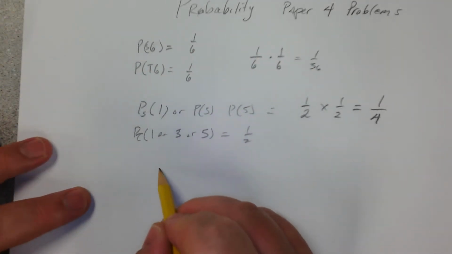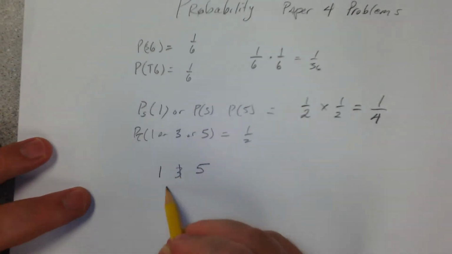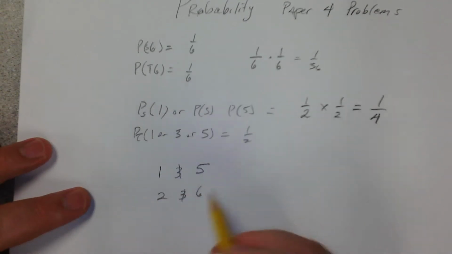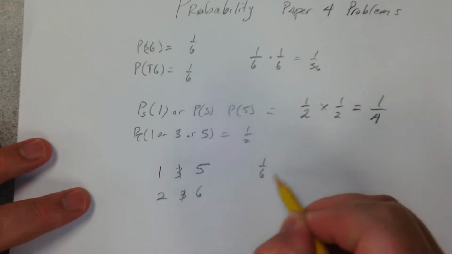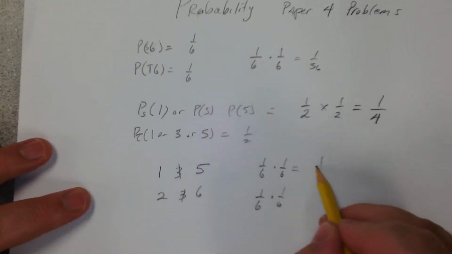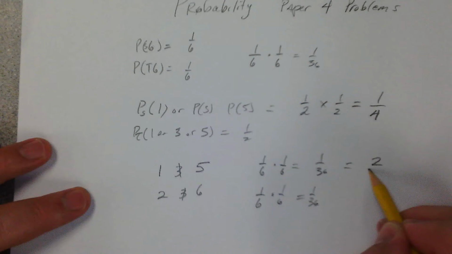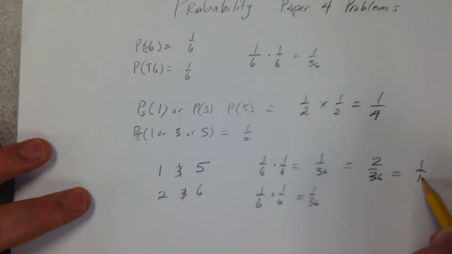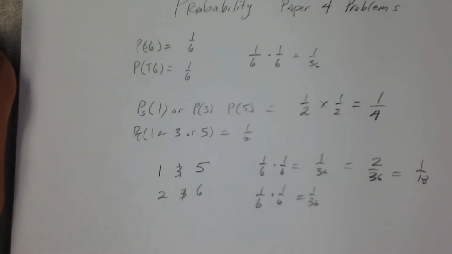So that could be a 1 and a 5, or a 2 and a 6. The probability of a 1 and a 5 would be this, and the probability of a 2 and a 6 would be that. So it's 1 out of 36 plus 1 out of 36, which equals 2 out of 36, which reduces to 1 out of 18. There we go.